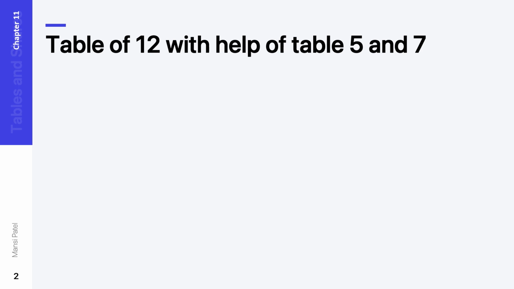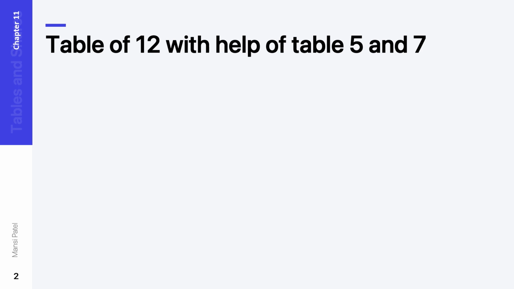So here I am doing one example by table of 5 and table of 7. Another one you have to do by yourself, whether you are getting the table of 12 when you are adding both tables to each other. So let us start.